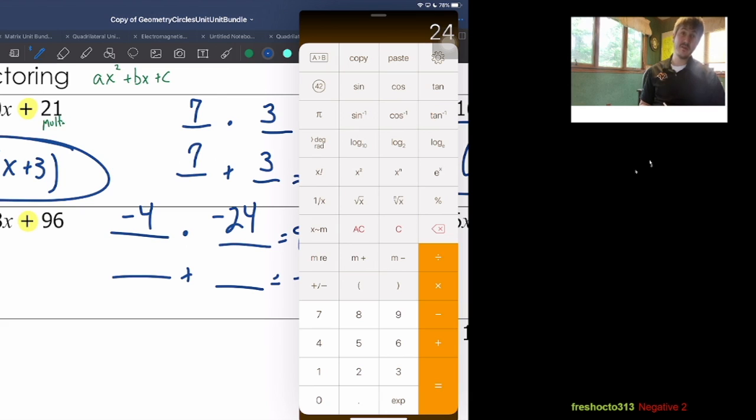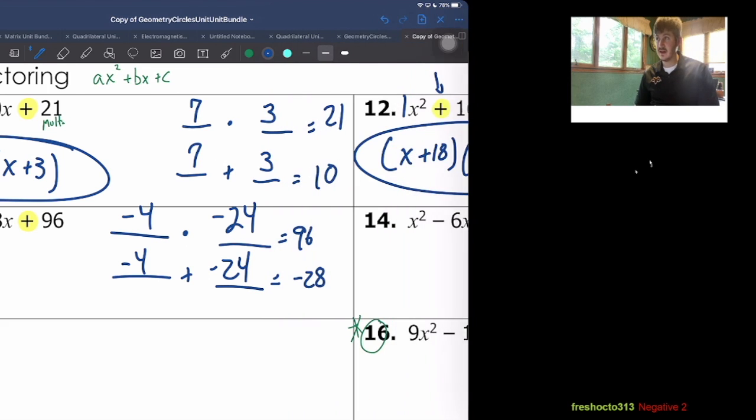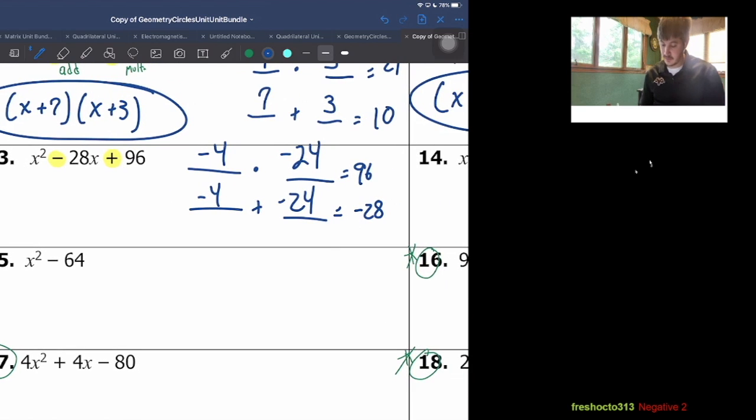Negative 4 times negative 24 is in fact positive 96. You can check that out. Negative 4 times negative 24 is positive 96. And then negative 4 plus negative 24 is in fact negative 28. So those factors work out nicely.